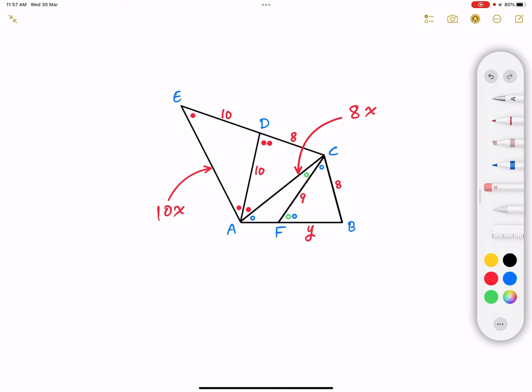And let me erase all that here. Then we can apply Stewart's theorem on the triangle AEC. So let's do that.